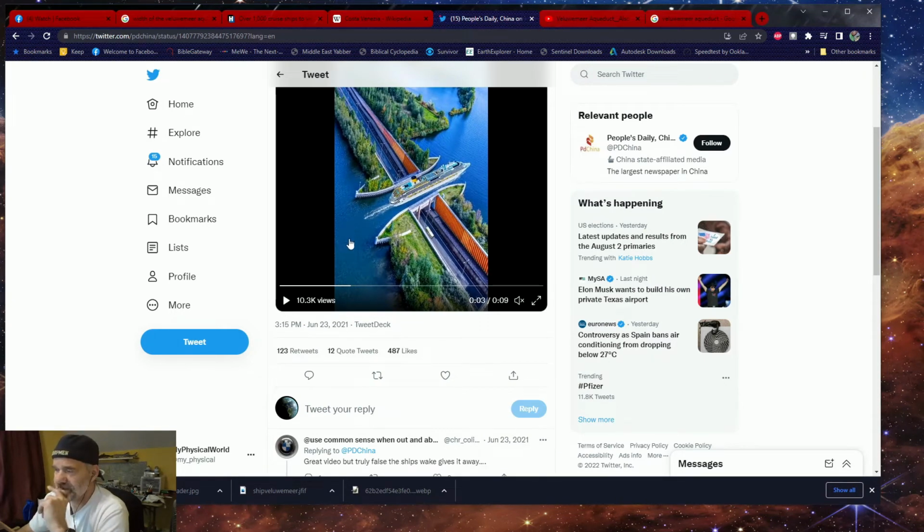Plus if this ship was truly going through this aqueduct, just the displacement of the water in this narrow pathway, that water would actually rise because of the displacement of the ship.